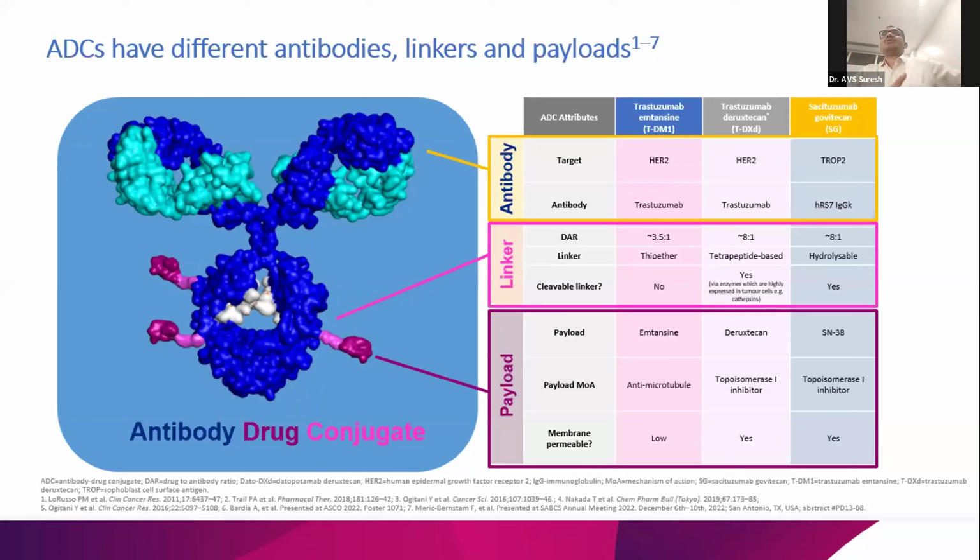If you look at the payload, the older ones have almost 3 to 4, that's 3.5 on average, compared to almost 8 chemotherapy molecules that can be loaded on the newer ones, that is T-DXd as well as the new one, sacituzumab. In the initial ones we put emtansine, later ones we put SN-38 in sacituzumab, as well as deruxtecan in T-DXd. This is what actually makes these molecules unique. The next slides will explain how the drug goes into the body and delivers its function. Next, please.